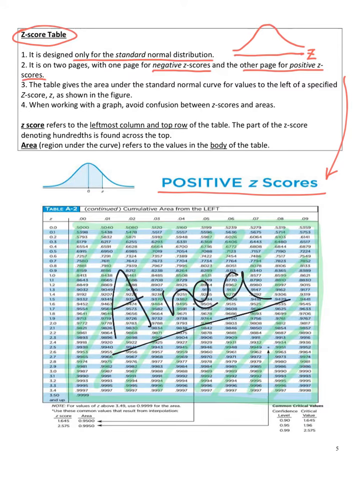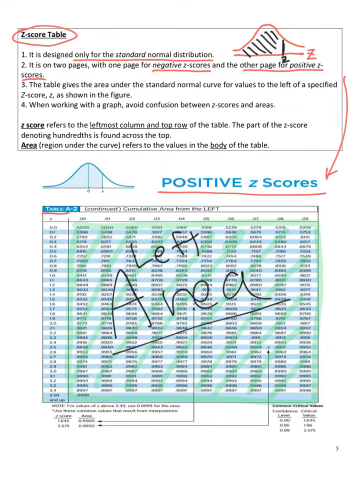And this area is always the area to the left of whatever z-score you are interested in. So it will always give you the left area of a specific z-score.